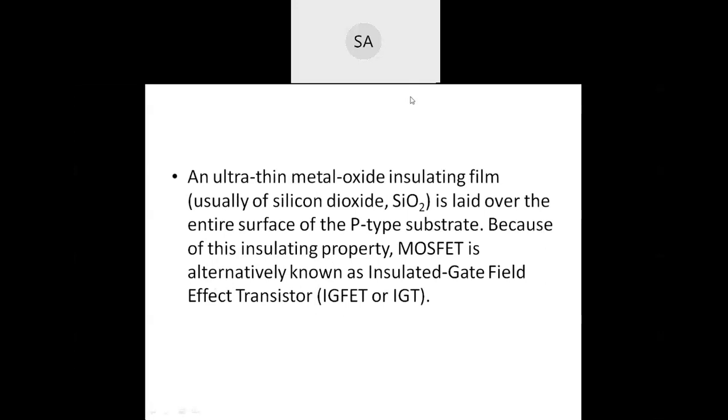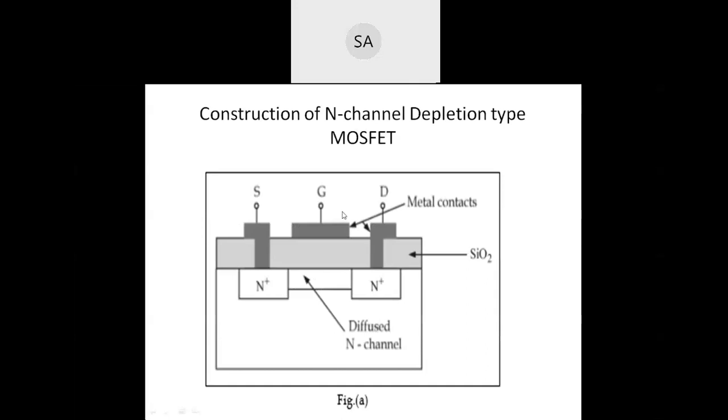An ultra thin metal oxide insulating film, usually silicon dioxide, is laid over the entire surface of the P-type substrate.